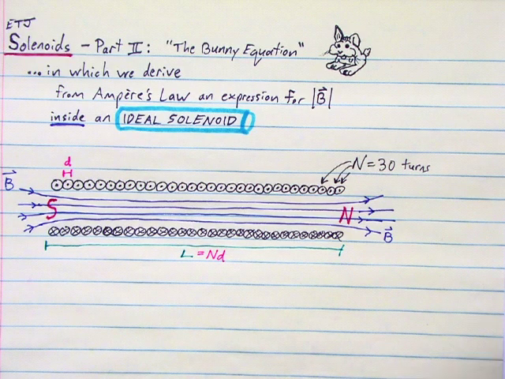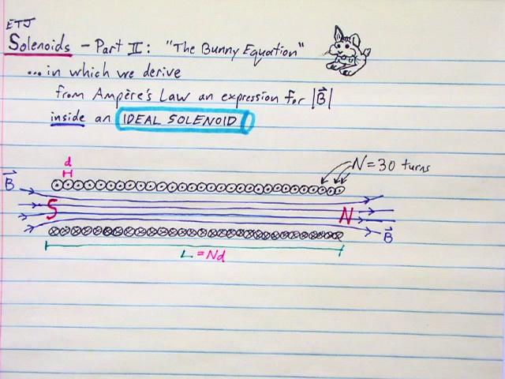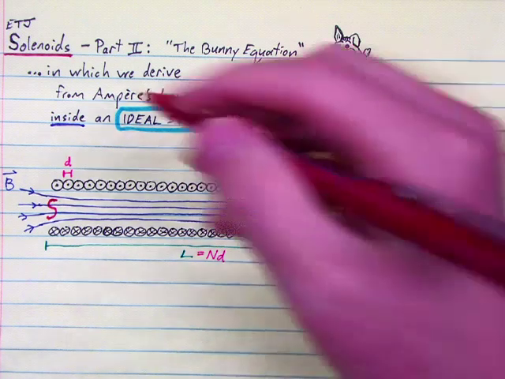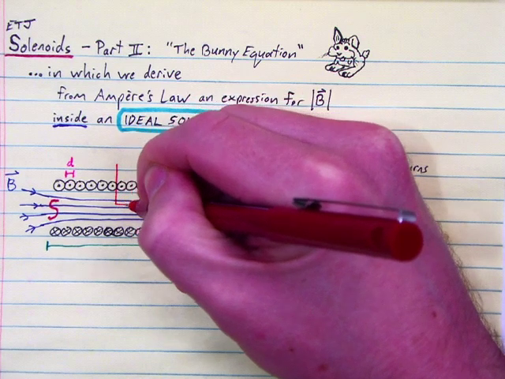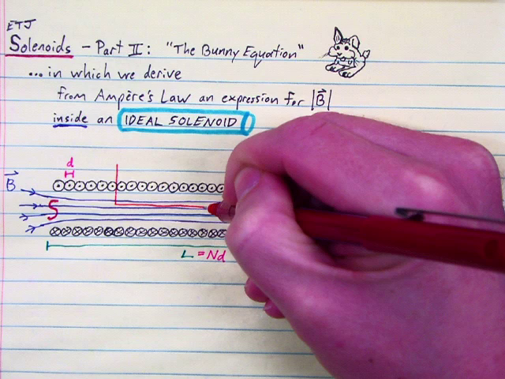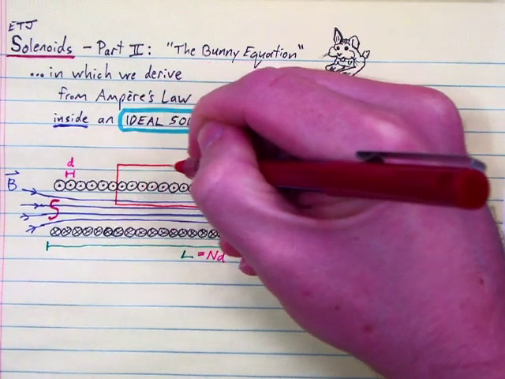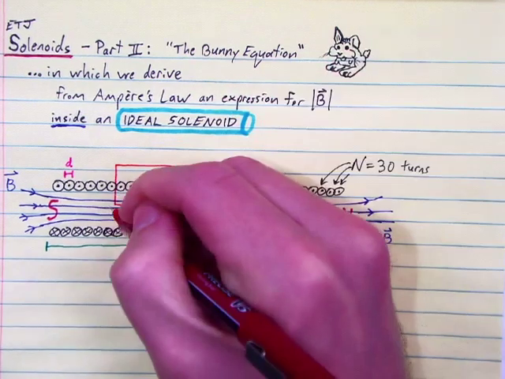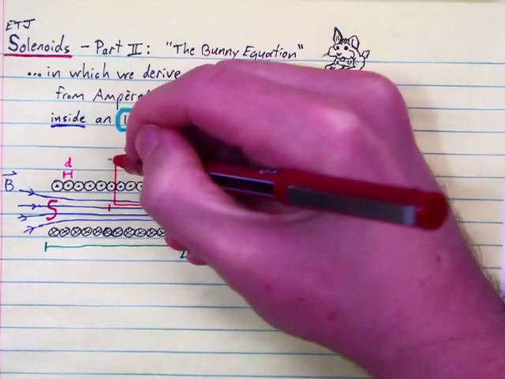Okay, an Amperian loop that'll get the job done will be another rectangle utilizing the symmetry that we've got here. So let's draw some rectangular loop that encloses some of our wire here. I will number these corners 1 to 2 to 3 to 4.